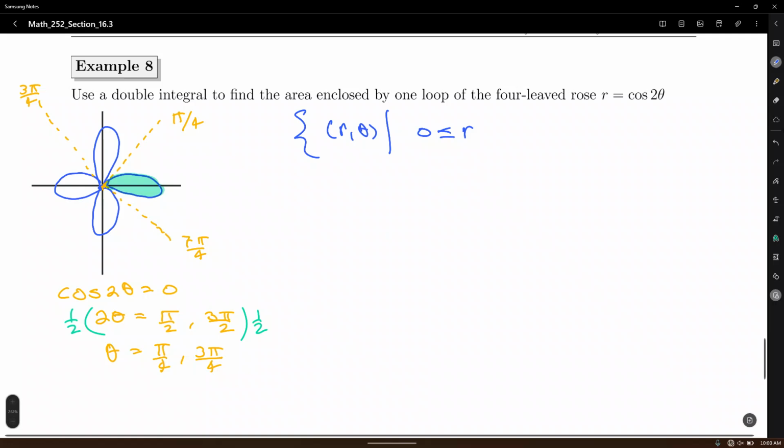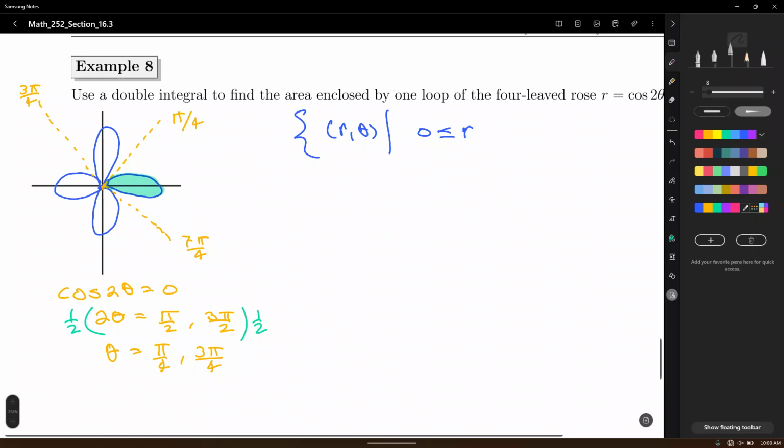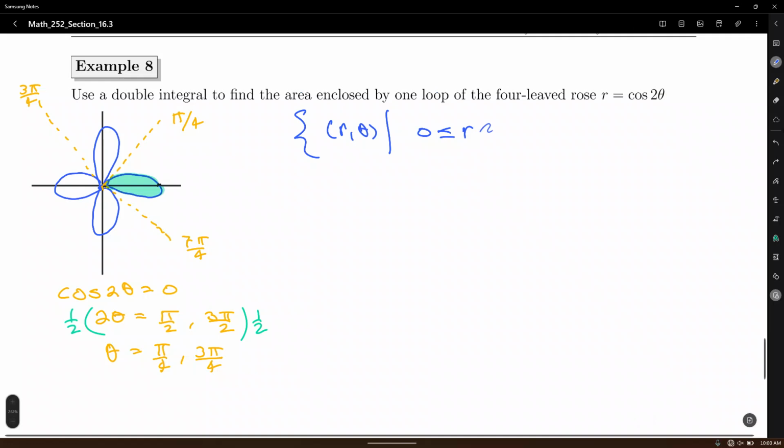Here, check this out. The radius from the origin to this point is not the same as this radius or that radius. You see how they change based on the given function described by the four-leaf rose. So it's not going to be a constant radius. So the radius goes between 0 and cosine 2 theta.